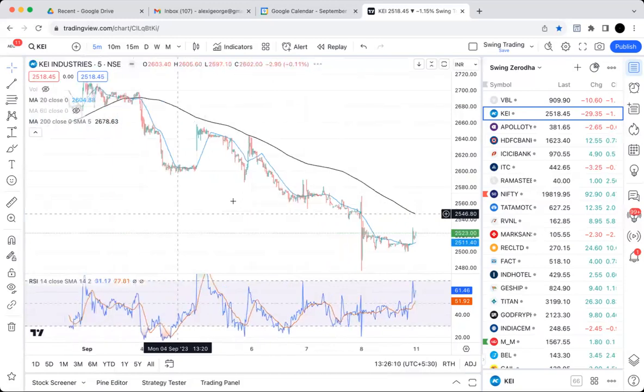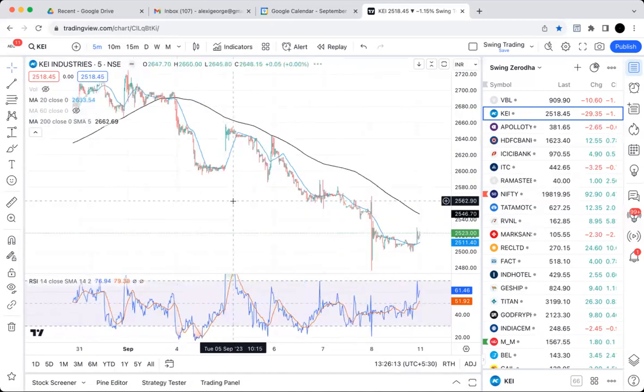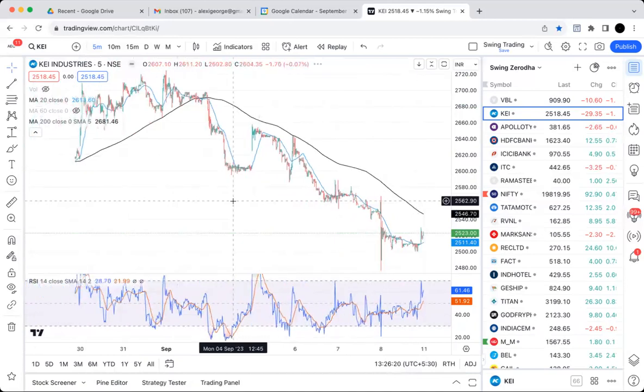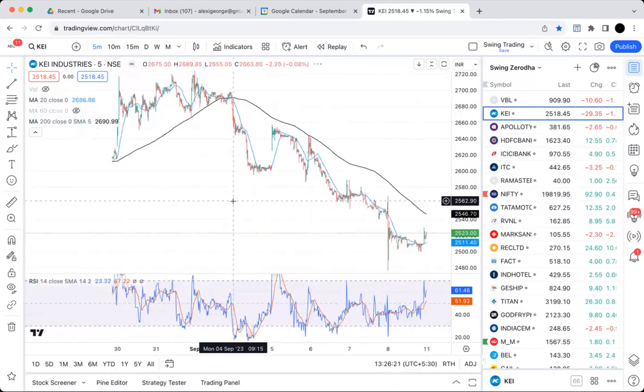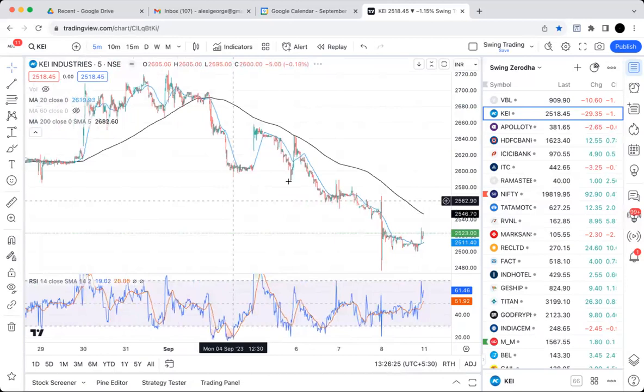Okay, now the question is this: will I enter this trade? Well, I personally would not enter this trade, because if you notice, the 200 is slanting down quite steep. All right, now my internet is a bit slow at this point.